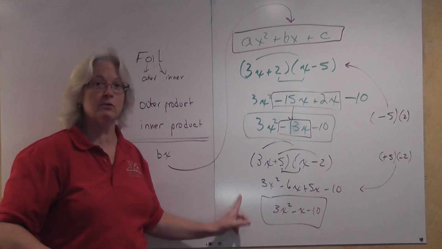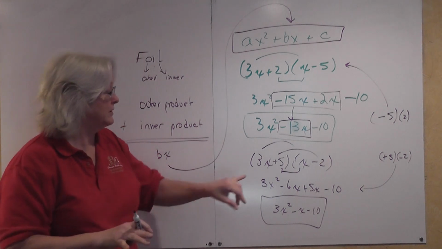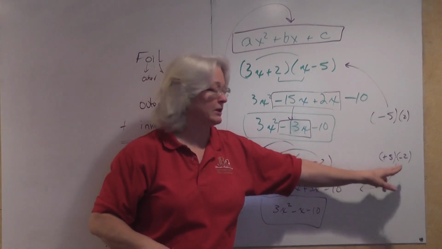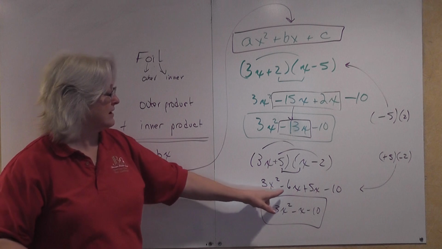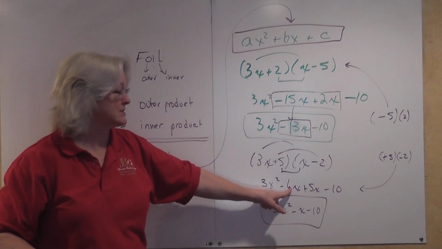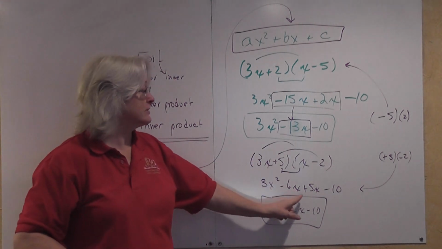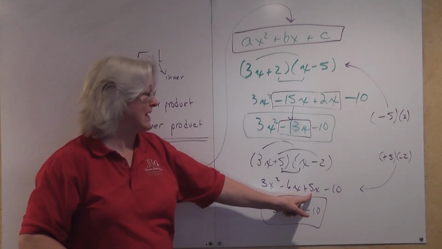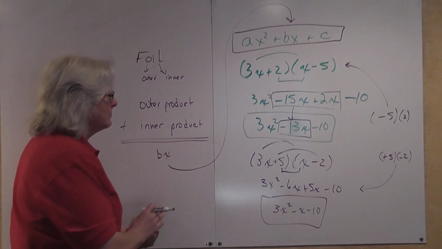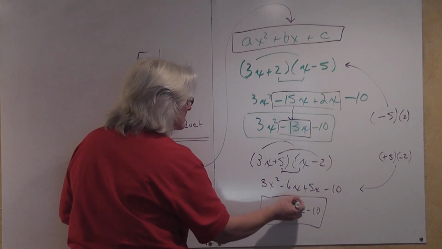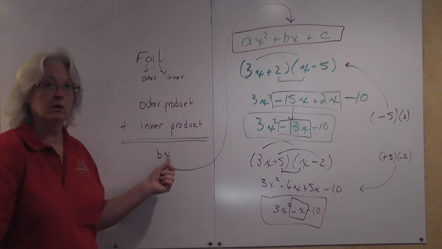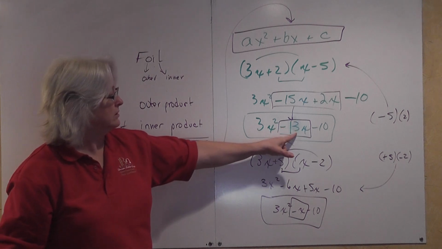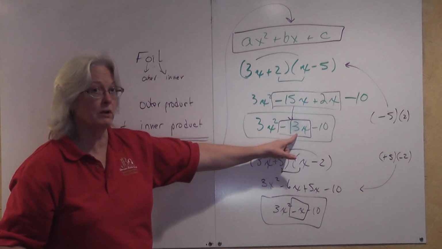With the second way that we showed of possible combinations of factors that equal a negative 10, when we added our outer product, which was a negative 6x, and our inner product, which is a positive 5x, we ended up with negative x for bx, negative x for our center term, which is not what we need.